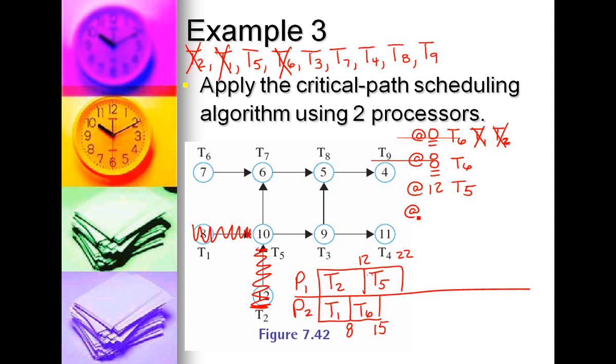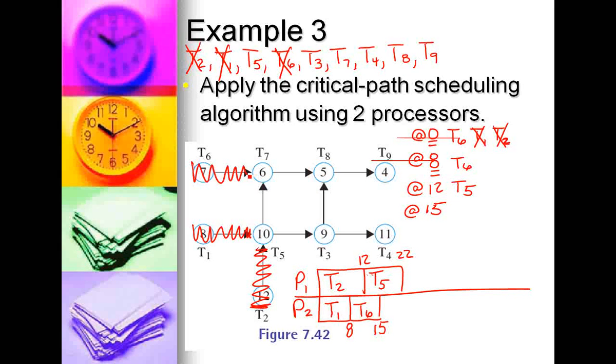Then at 15, T1, T2, and T6 are finished, and nothing is ready. T5 is our only ready task, and it's already been scheduled.